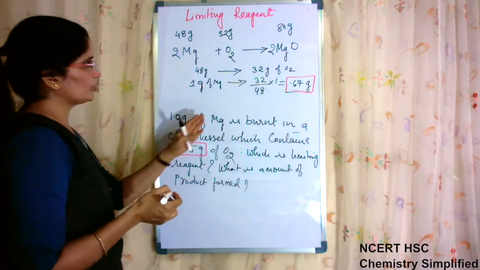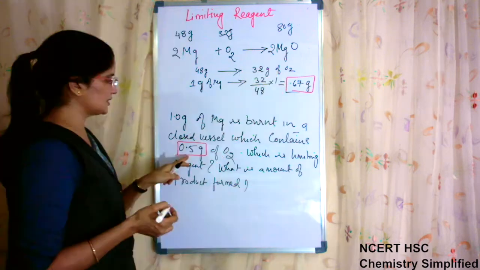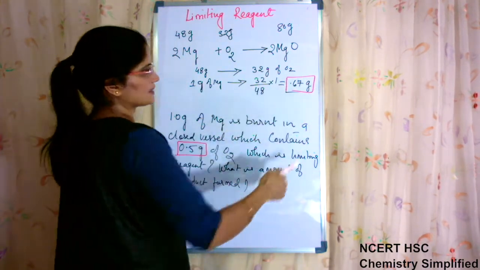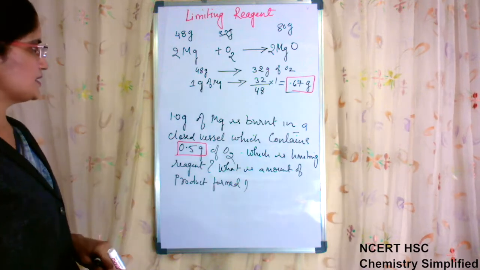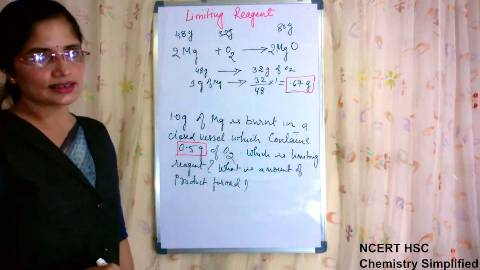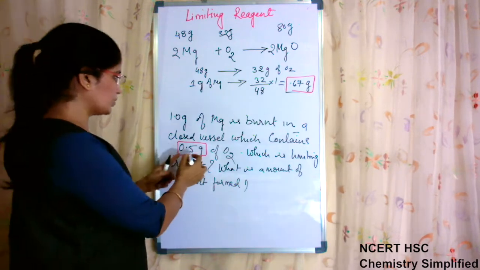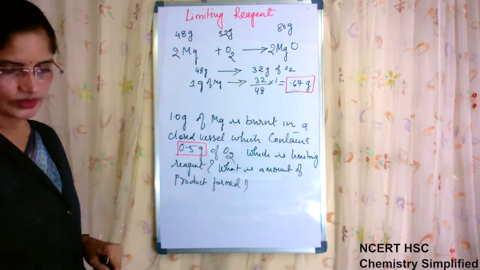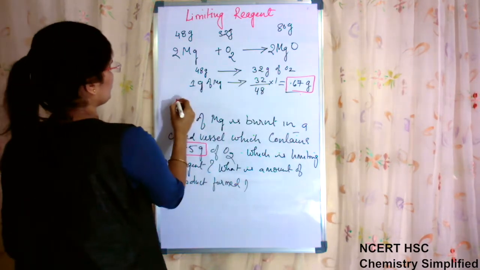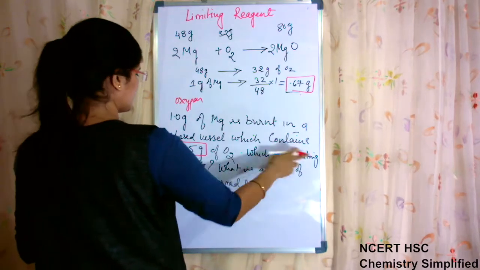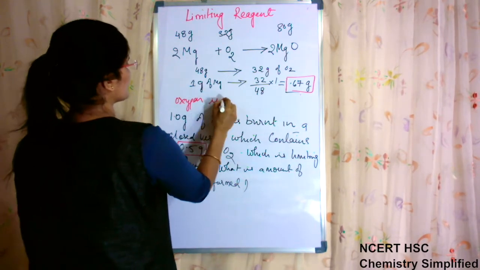That means the amount of oxygen is less than the required amount. 0.5 is available, required is 0.67. That means in this reaction oxygen is acting as the limiting reagent because the amount available is less than the amount required.